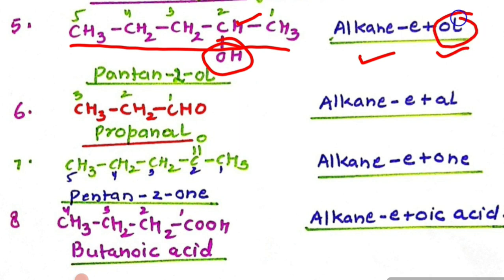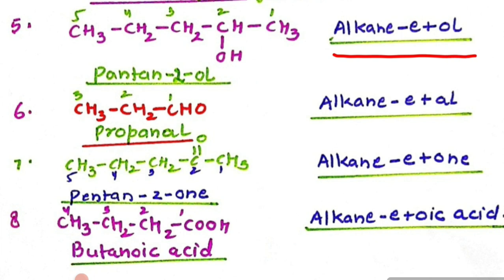The suffix used for naming this functional group is OL. This functional group is named in the form of suffix to the alkane. You have to remove E since two vowels should not be written together. So the E should be removed and then OL should be added. Alkane minus E plus OL.